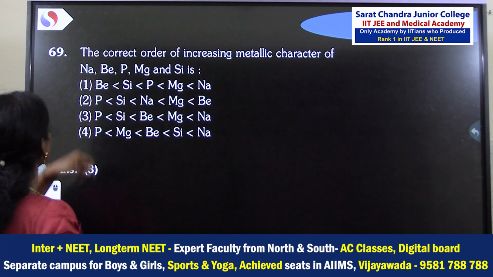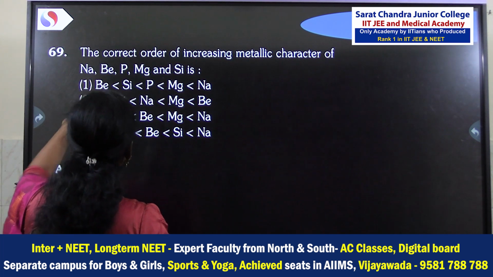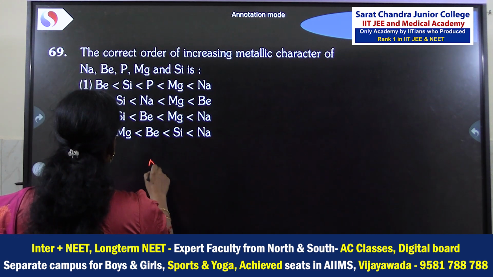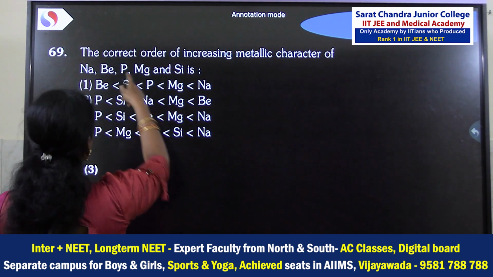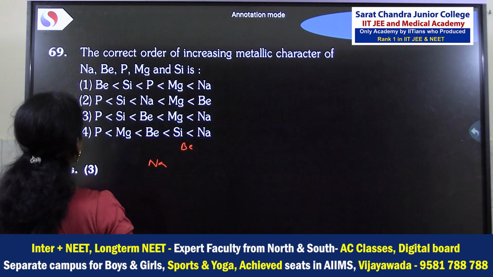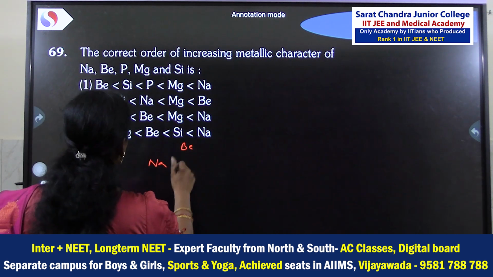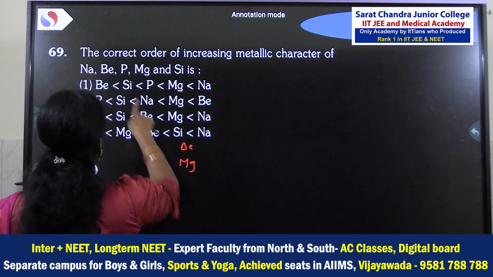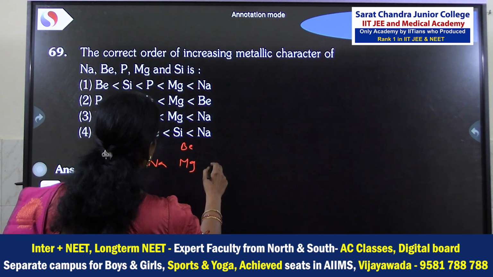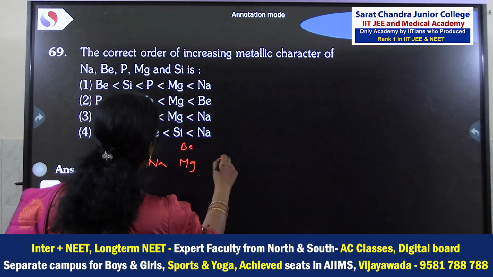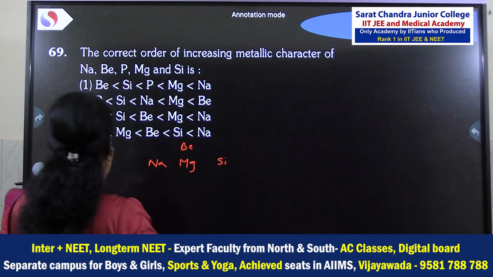So the first element is sodium. Sodium is present in first A group. And coming to beryllium, it is in second A group. And after beryllium, the element below is magnesium. And silicon is after magnesium, aluminum, after aluminum silicon, it is in fourth group.